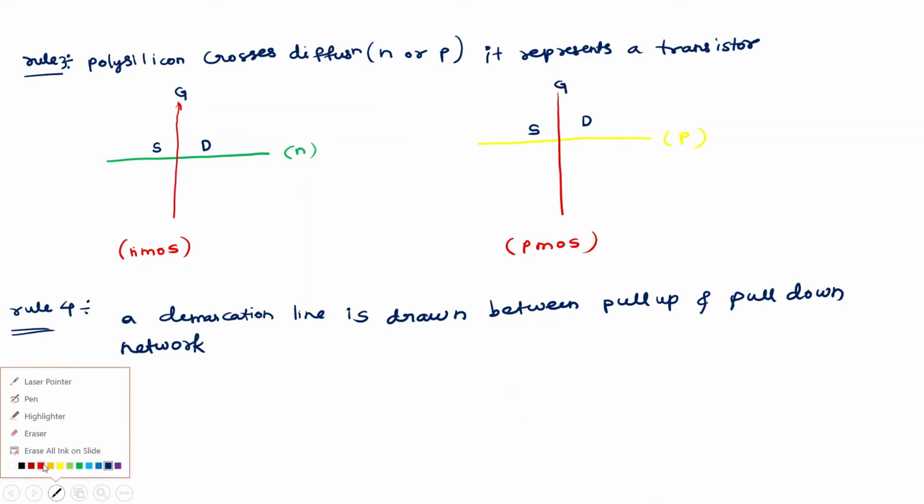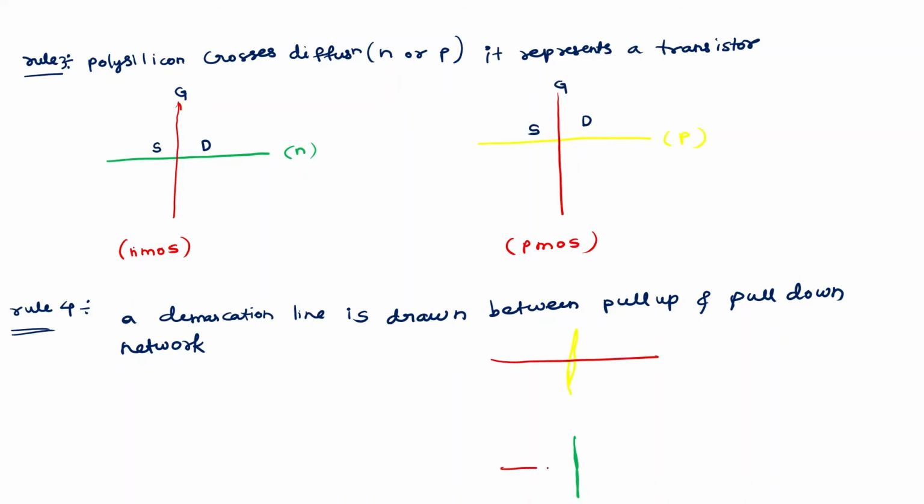Let me take something related to PMOS here, PMOS, and down we have NMOS, and it has a polysilicon.